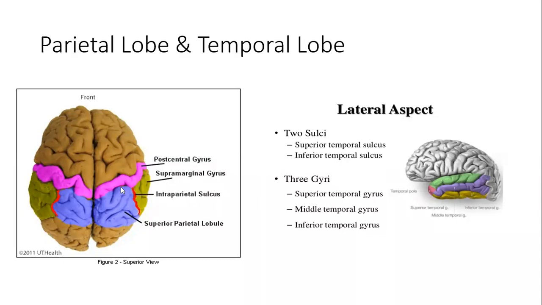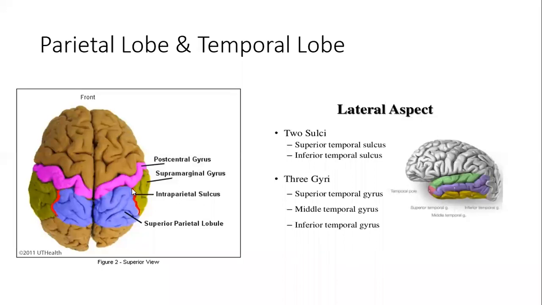Next to it is the sulcus. Further posterior to the post-central gyrus, we have another sulcus called the intraparietal sulcus. So from the post-central sulcus, another sulcus extends within the parietal lobe of one cerebral hemisphere that is called the intraparietal sulcus.